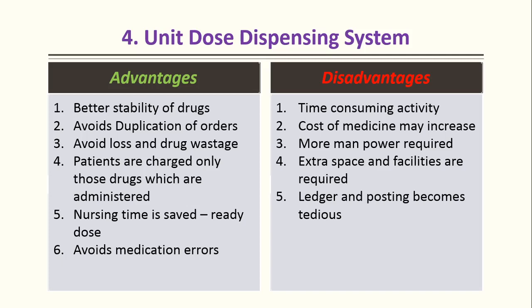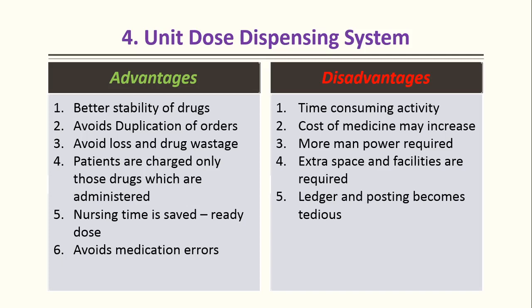Next disadvantage is that this system requires extra space, because these activities require more space, as well as some extra facilities. For example, some machinery for the packaging or for the transfer of medication or drug from one container to another container.